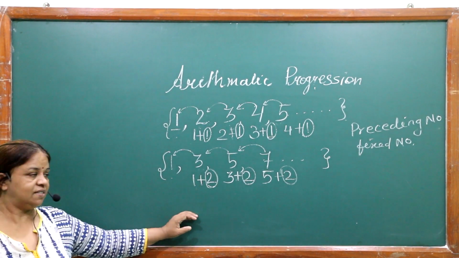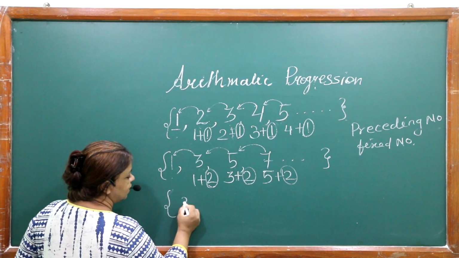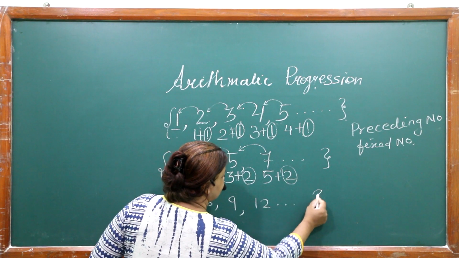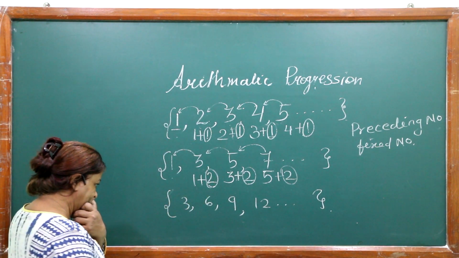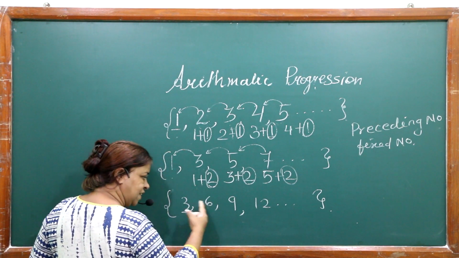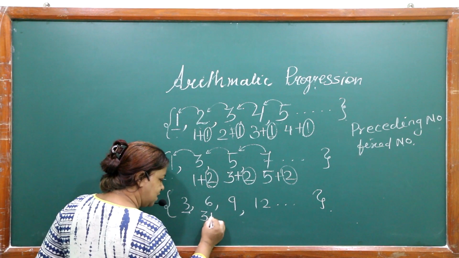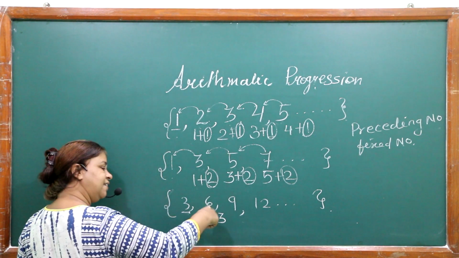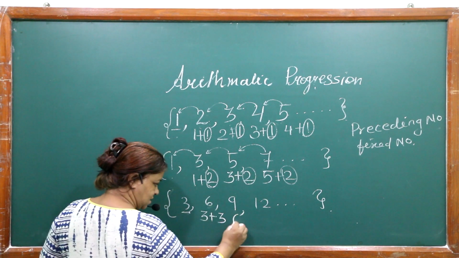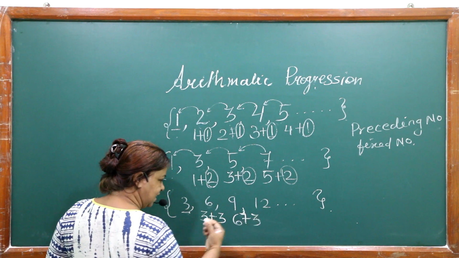Now one more example like this I can take, multiples of 3. 3, 6, 9 and 12. Again you can see, this is my first number. To get 6, the preceding number is 3 and I must add 3. I get 6. To get 9, the preceding number is 6. Yes, of course you all are correct. I must add 3.